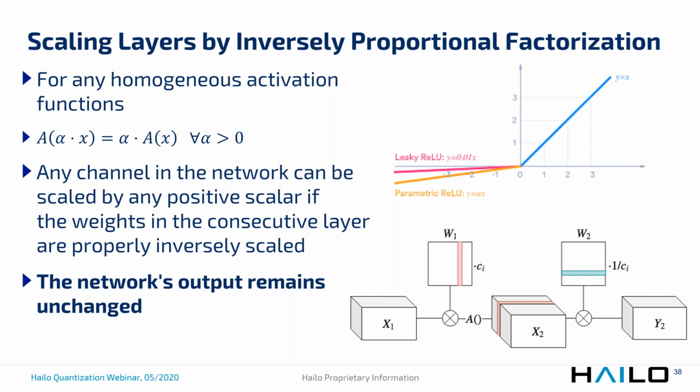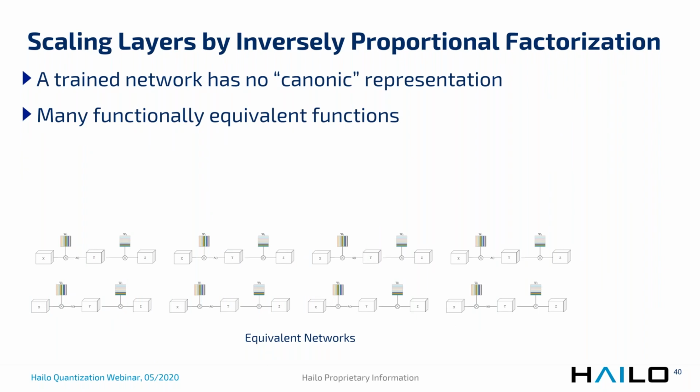And now we have this method by which we can amplify each layer, each channel, and now we're going to try to see how to best use this property in order to find a configuration of weights that are easy to quantize.